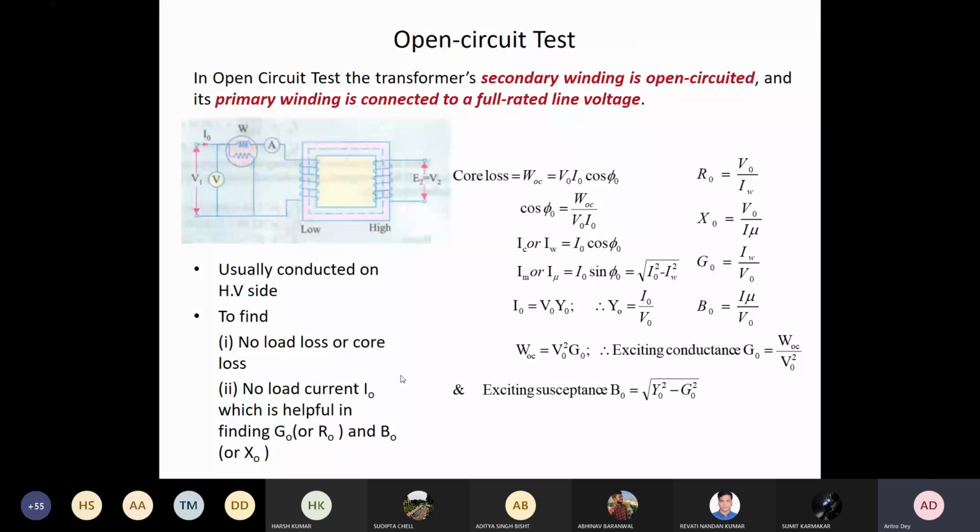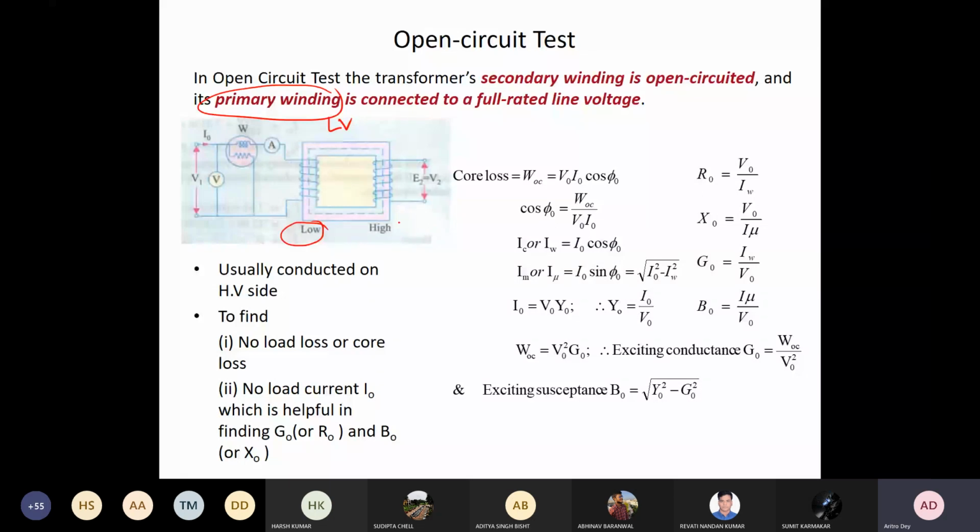In the open circuit test, the transformer secondary winding is open circuited, or we should call it the high voltage side will be open. And the primary winding we should call LV, and this one HV. So you can see this is your low voltage side and this is your high voltage side.